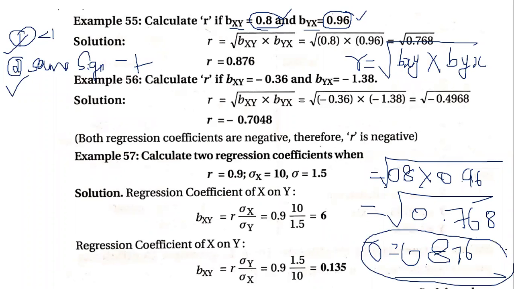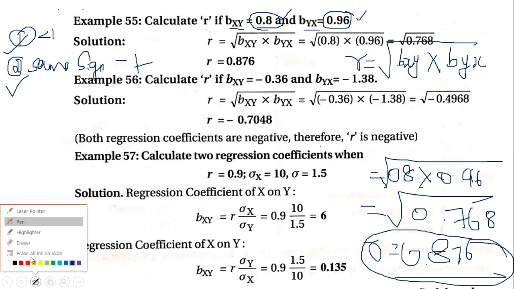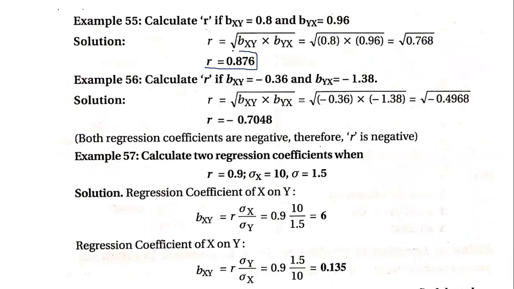This is the correlation value that we get. Just multiply both the numbers given and take the square root, and you'll get the answer. Fine? Understood? Any doubts in the first problem?